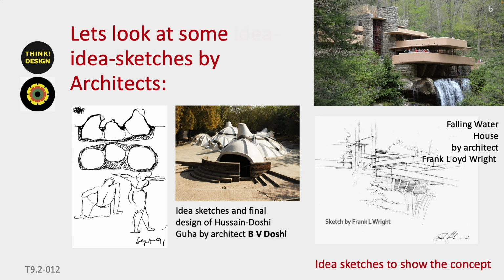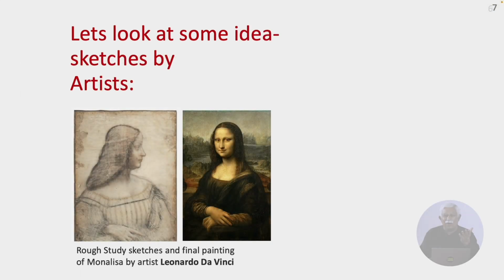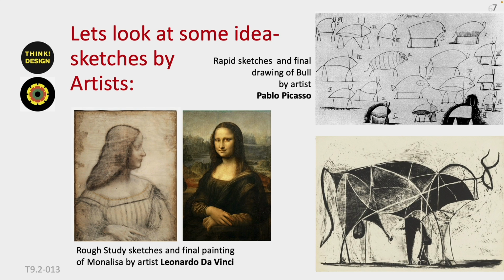Okay, let's look at some artists. You know how talented Leonardo da Vinci was, and you can see his rough sketch of Mona Lisa before he actually painted Mona Lisa. So these are rough sketches just to get his ideas right. And you can see Picasso here.